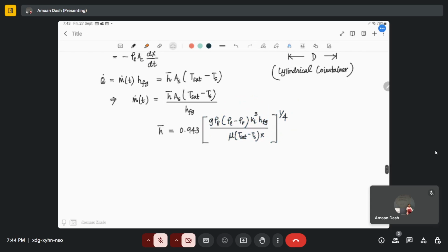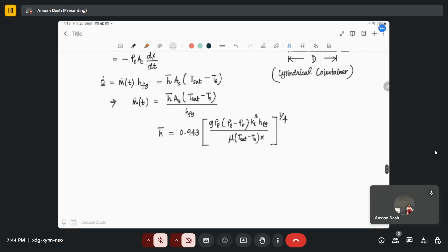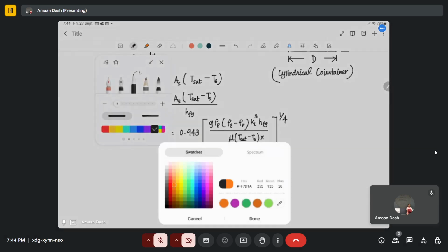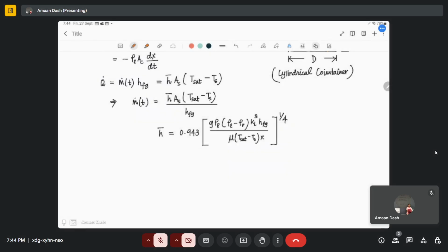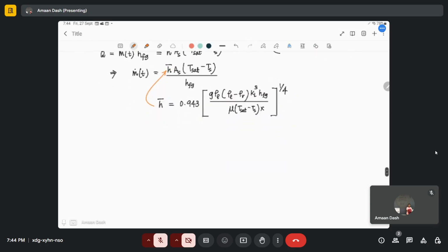Right? So you can substitute this here. By substituting this here, you will get the expression for m dot.